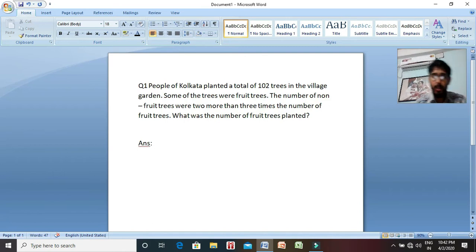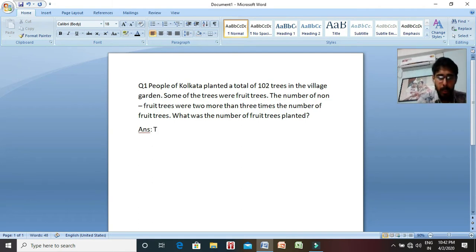To answer this question, we first have to get the equations from this particular question. The first thing we have to understand is that the total number of trees is 102.